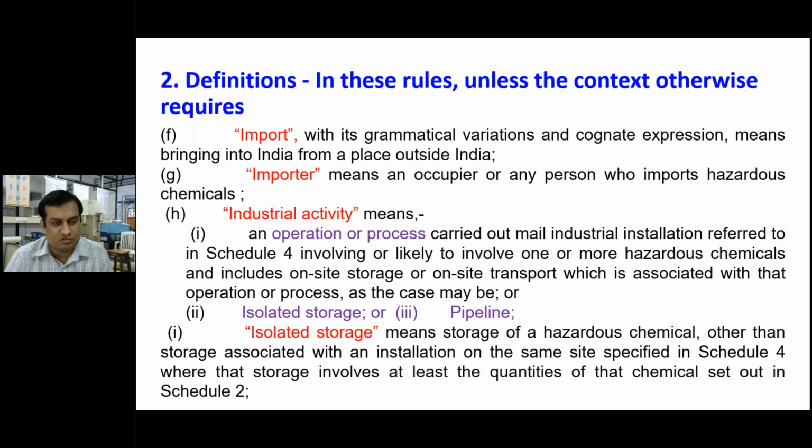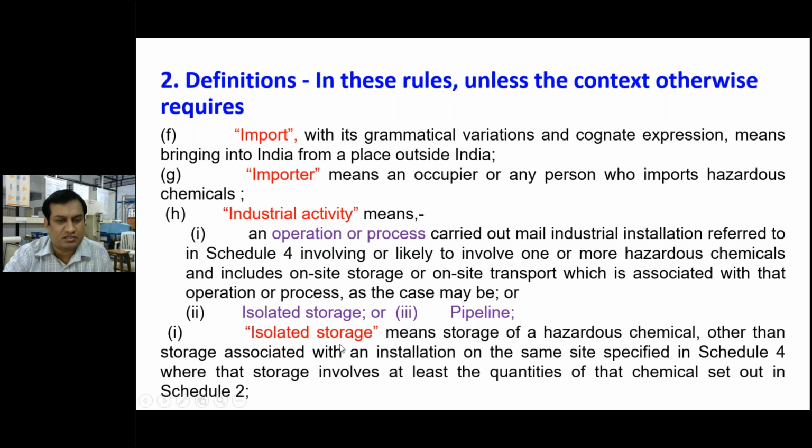So whatever the operations or process, that may be manufacturing, that may be some process, that may be some test, whatever it may be. But if it is related to hazardous chemicals, and if some hazardous chemicals are stored, then it is called isolated storage, and some pipelines are involved for conveying these hazardous chemicals in the premises. So all these activities are called industrial activity.